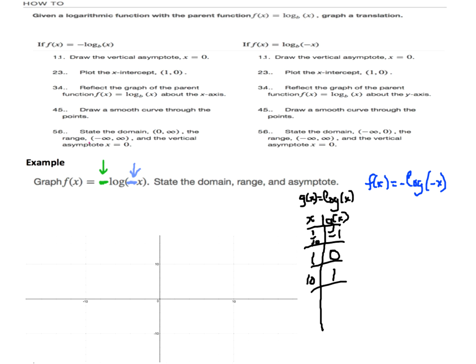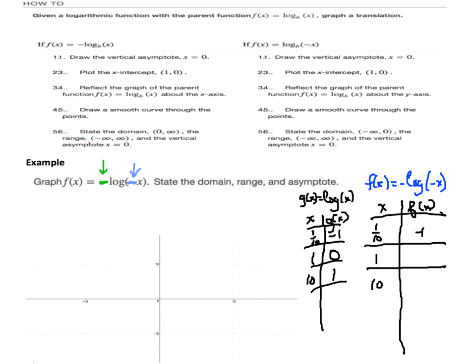And I start with my parent coordinates. So I'll start with 1/10, 1, and 10. And I'll start with -1, 0, and 1.